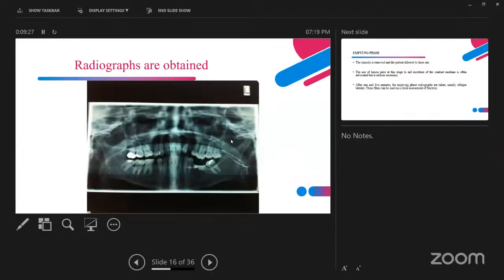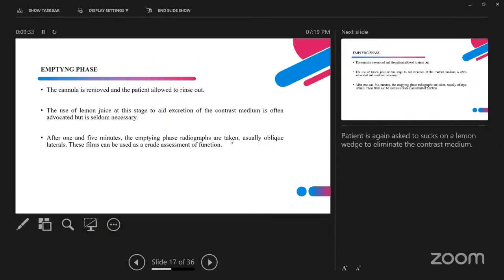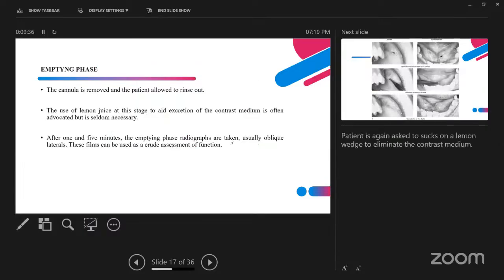This is the second radiograph, the filling phase radiograph. Next, the emptying phase. After this, the cannula is removed and the patient is allowed to rinse the mouth. Then the patient is asked to suck on a lemon wedge to eliminate the contrast media. After 1 and 5 minutes, the emptying phase radiograph is taken, usually oblique lateral. This is to assess the function of the salivary gland.